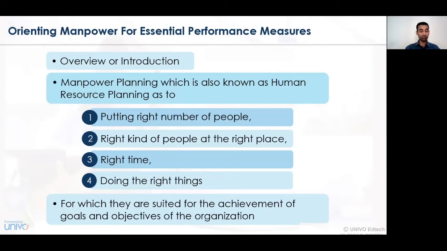These activities are done to achieve the long-term as well as the short-term goals and objectives of the organization. So for those objectives to be achieved and fulfilled, manpower planning is essentially required.